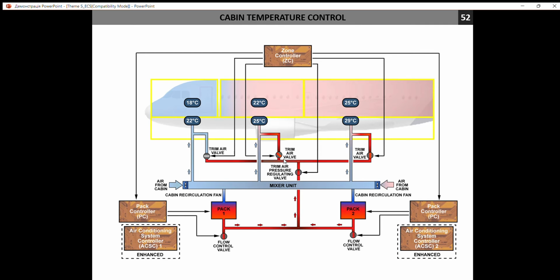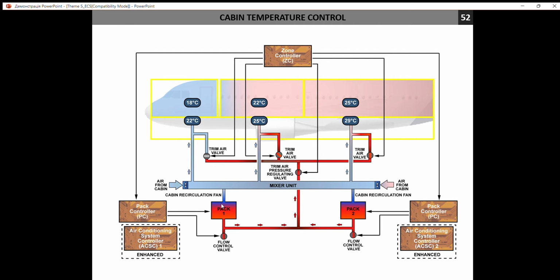So trim air is hot air that wasn't cooled down in the air conditioning pack and is going by a separate line, and this trim air could be mixed with cold air.